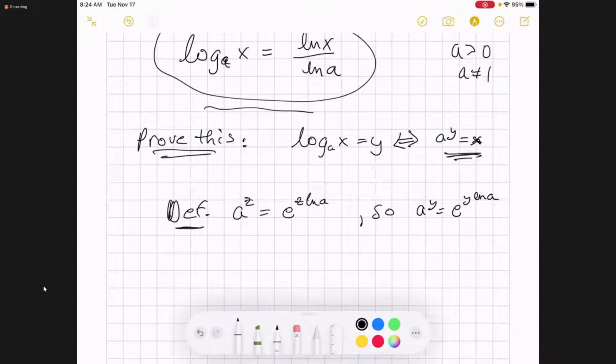And that means that the exponent y ln of a is equal to ln of x.